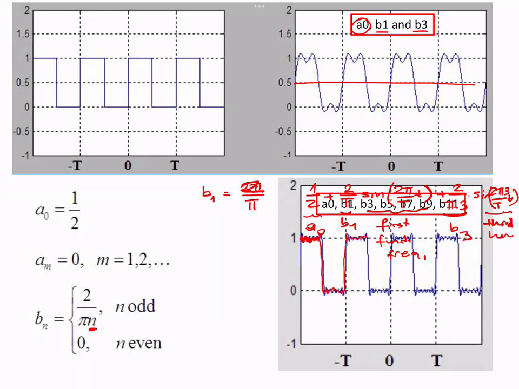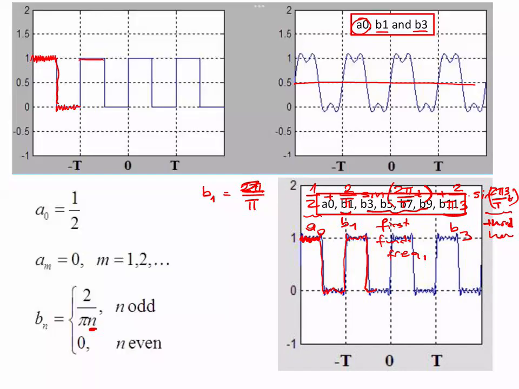Okay, this is a signal. You see, it looks very much like the original one, with some ripples. Okay, it's called ripples. And if I increase this even more, then I will get even closer to our pulse like this one.